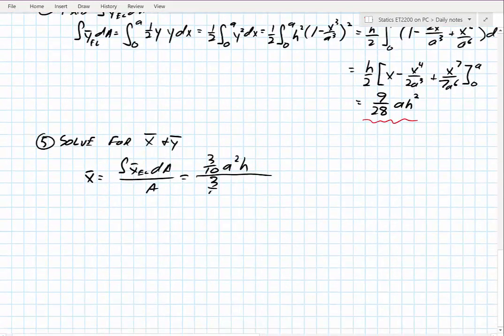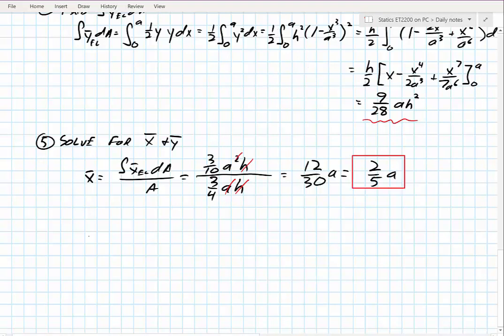So 3/4 ah. Of course, this a goes away with that one. Both my h's go away, and I end up with 12 over 30a, which I can simplify to 2/5 times a.